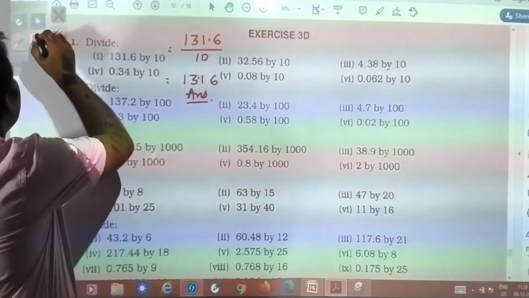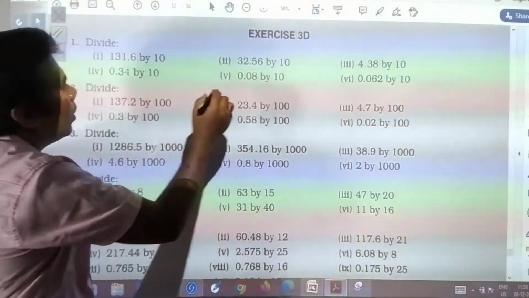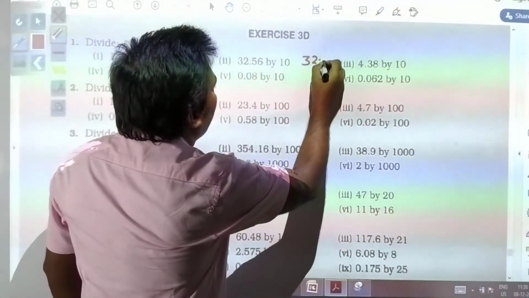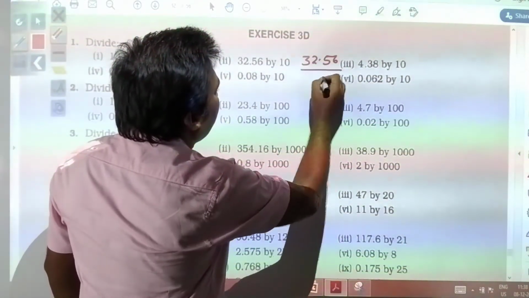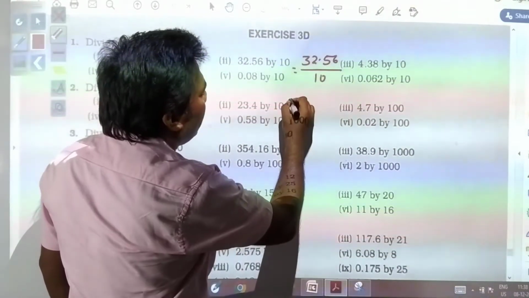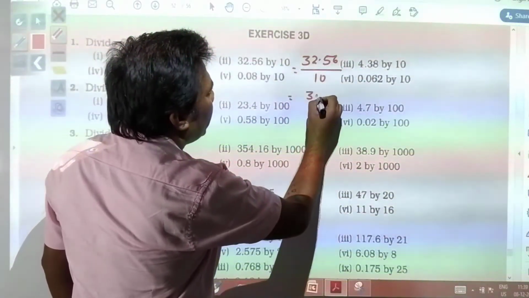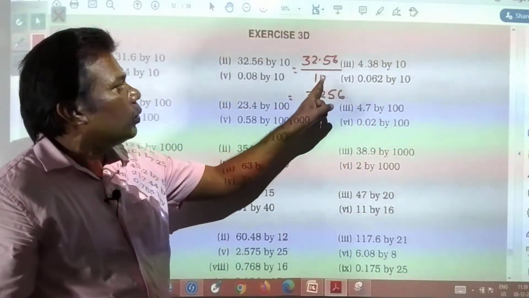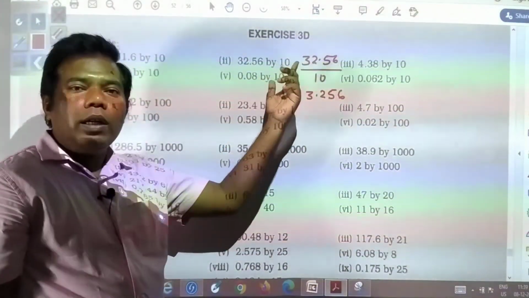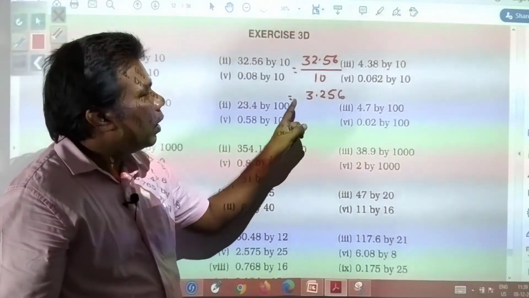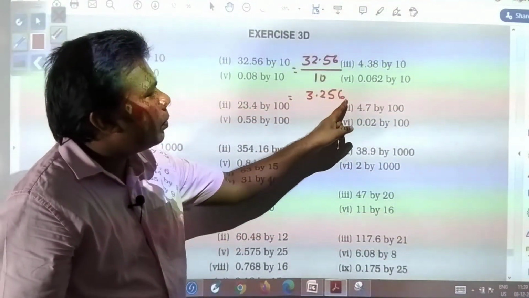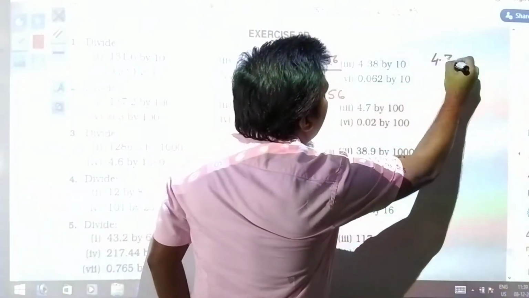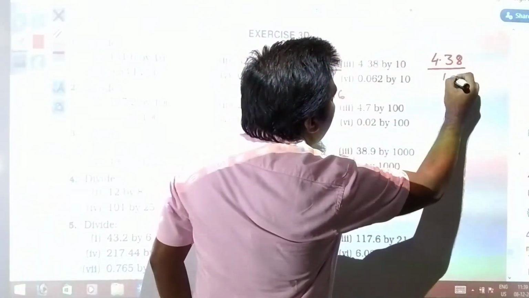Second question you see, 32.56 divided by 10, and this will be 3.256. Why? Because 10 you have, you have just moved one place to the left side, and your answer is 3.256. Next question you see, 4.38 divided by 10.